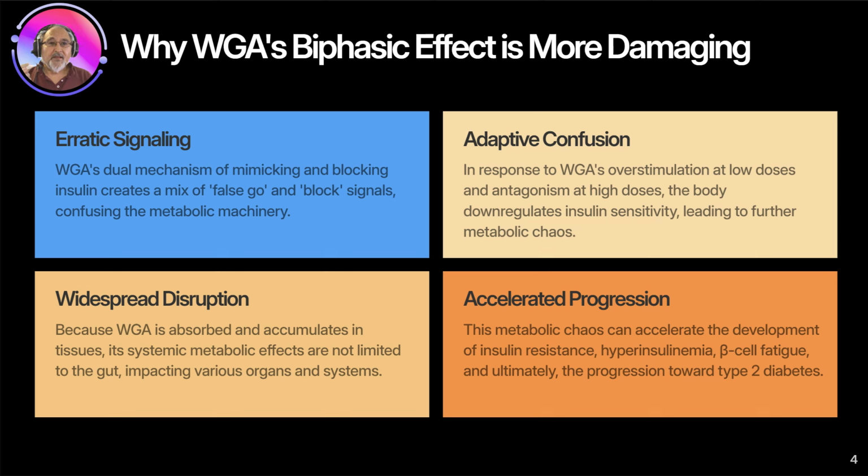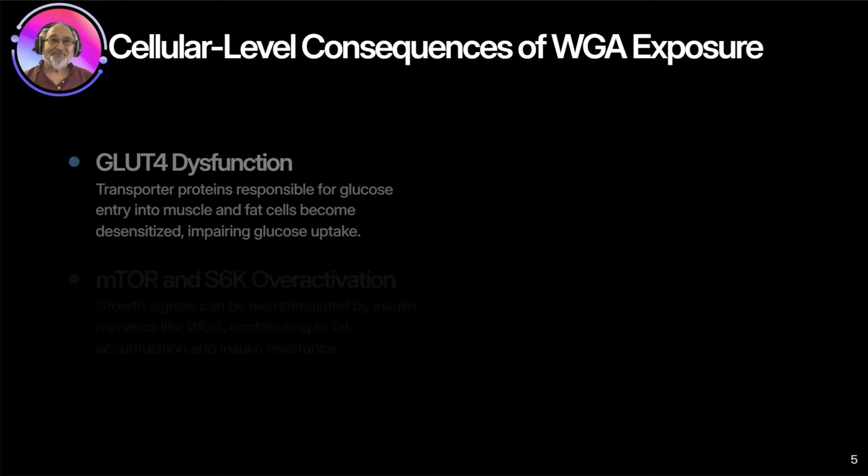Okay. Chronic hyperinsulinemia, that's beta cell fatigue. Your pancreas gets tired of producing as much insulin as it takes to get things to work. And downstream progression towards type 2 diabetes. Yeah, eating wheat can help make you a type 2 diabetic.